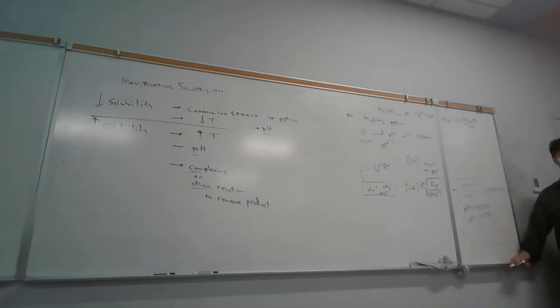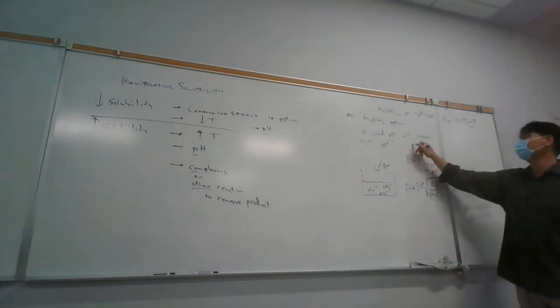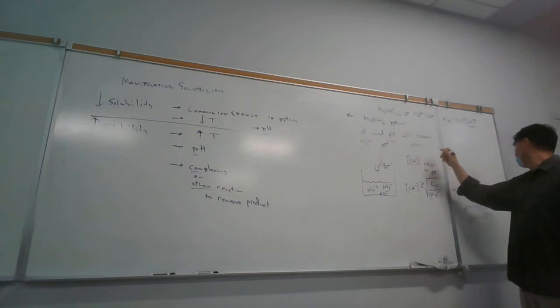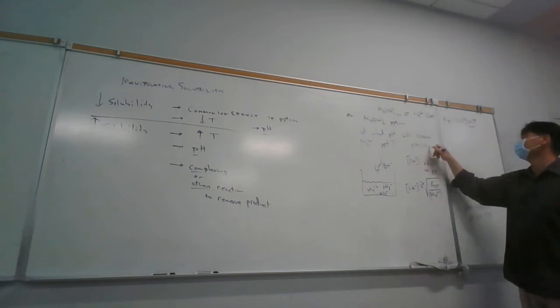Now, the pH required to supersaturate it, is it going to be greater than this or less than this? We need more hydroxide. Is more hydroxide going to be higher pH or lower pH? Higher pH. So it has to be greater than this. In order to precipitate it, the pH must be greater than 9.1276.